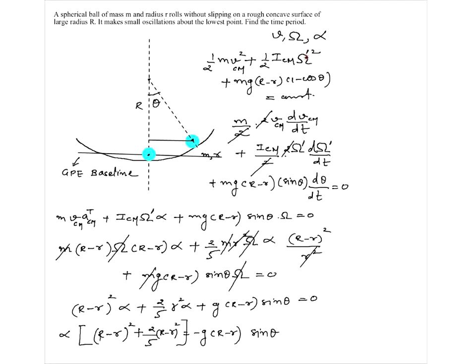So that was the thing which created trouble. And when we differentiated, we got dVCM by dt, and that is the SHM's omega, just omega, not omega dash. Look at this, just omega. So one was omega, other one was omega dash.